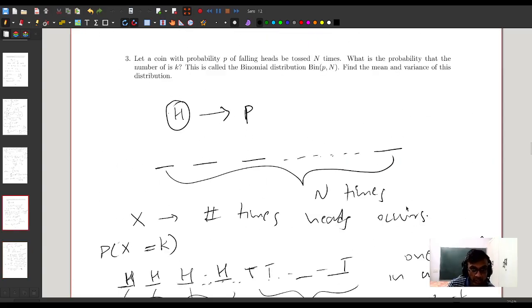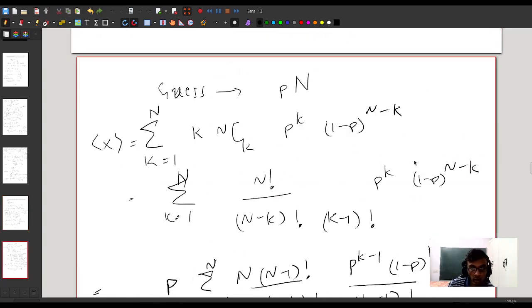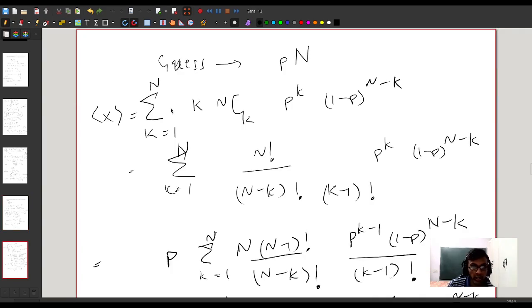Similarly, the variance involves taking the summation with the k square here.